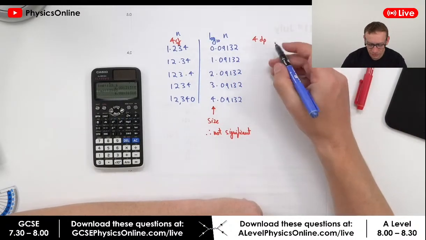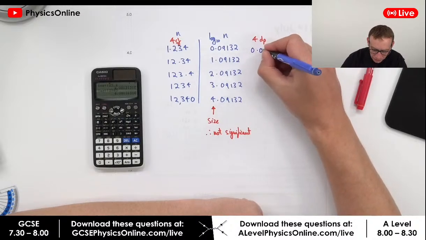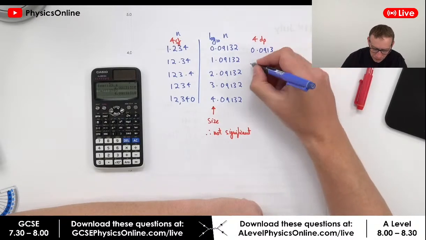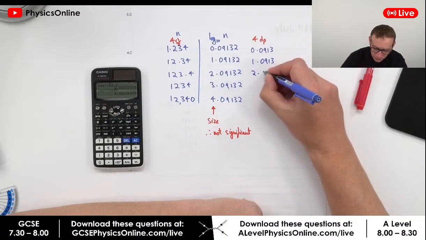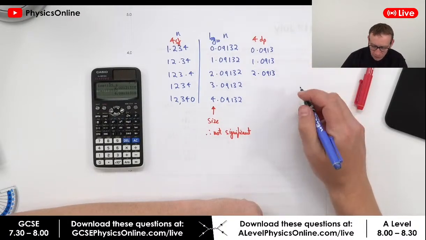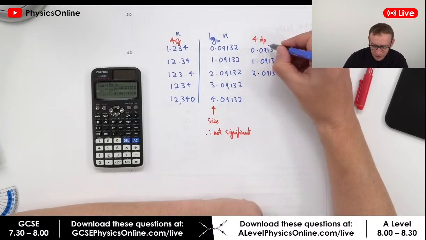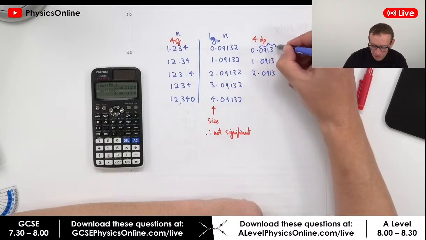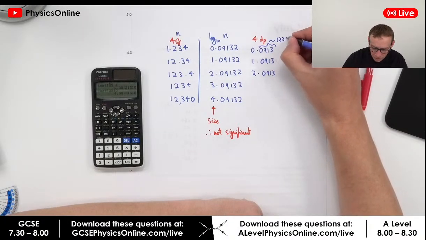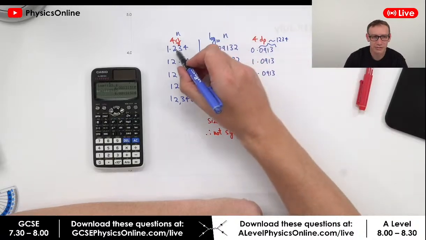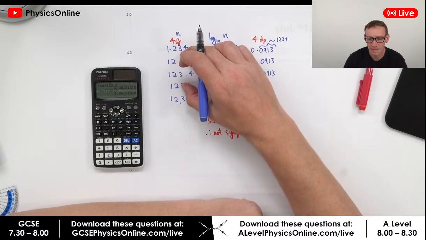So 4 decimal places in this case would be 0.0913, 1.0913, 2.0913, and so on. So this 0913 relates to the 1, 2, 3, 4, and the number in front just tells you about the size.